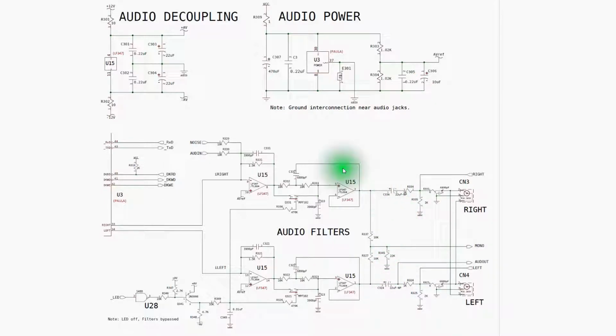The other thing I want to mention in the discussion here is if you get up to the audio decoupling circuit, you'll see 22 microfarad electrolytic caps that are used as filtering. The thing to notice here is this is plus 12, and it comes down to the plus side of the cap, and the negative side of the cap goes out to this audio ground reference.